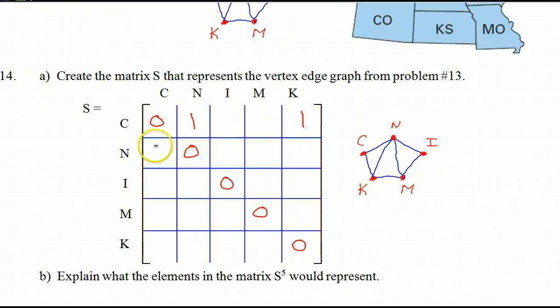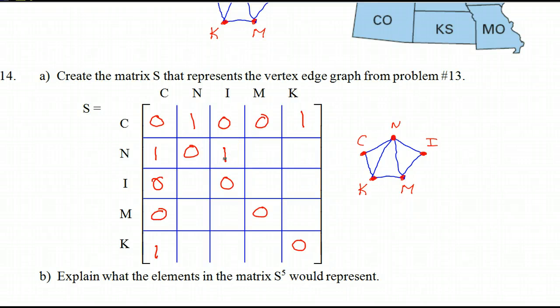Nebraska and Kansas. Colorado is not connected with any of the other states. No borders. So that's going to be 0, 0, 0, 0. Nebraska is connected to all 4 of the other states.